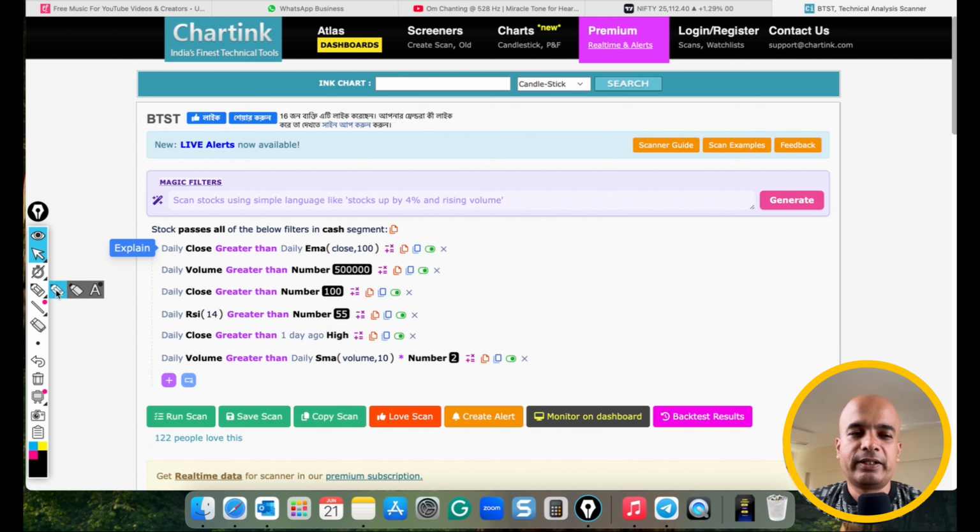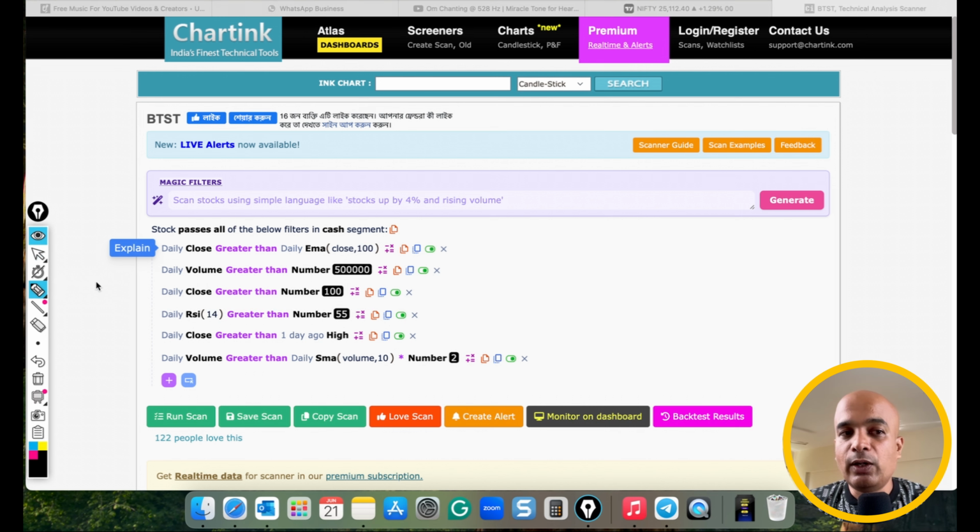It shortlists the stocks for a perfect BTST setup. And you don't have the headache of scanning the stocks. So this is very wonderful. So I will simply explain how this charting screener works, and then I will show all the stocks as per this particular strategy, and also I'll explain the entry rules and the exit rules.